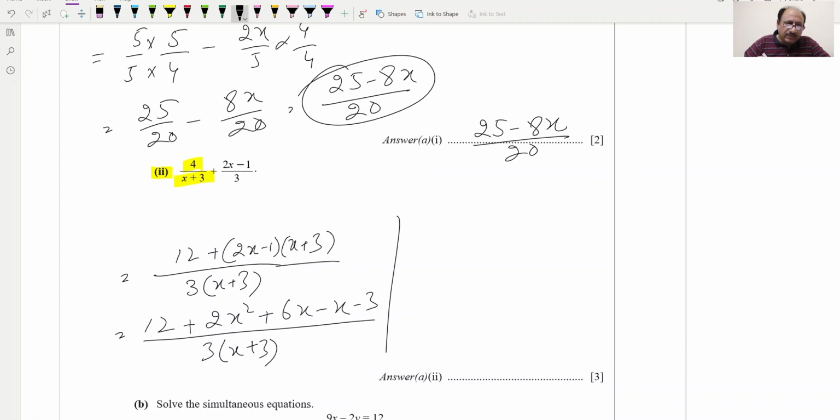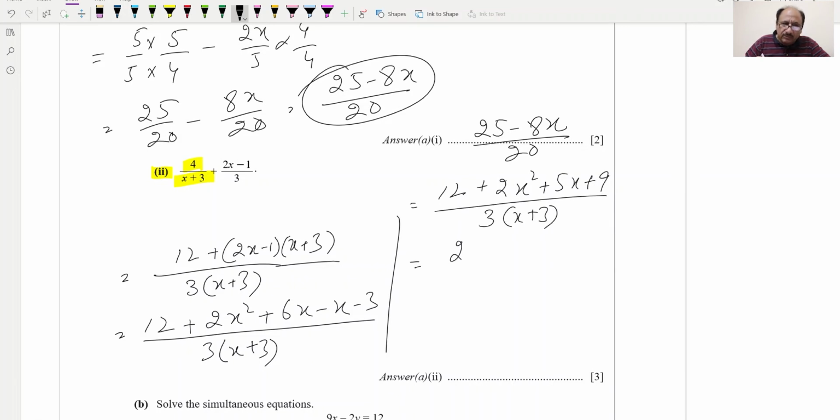Now adding like terms, we will get 12 plus 2x squared plus 5x, and plus this will be 9, and over this will be 3 into x plus 3.